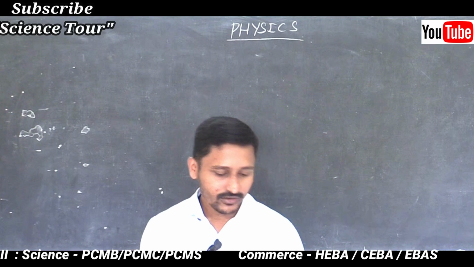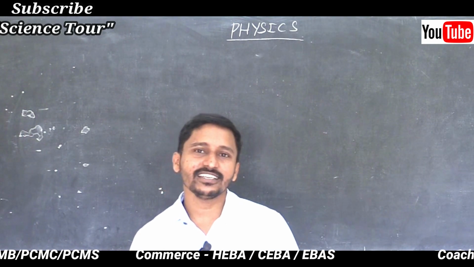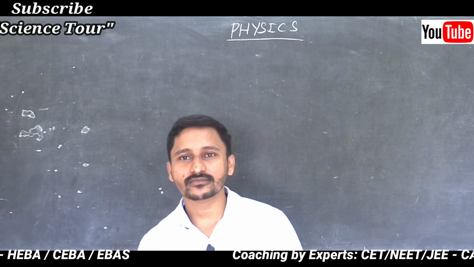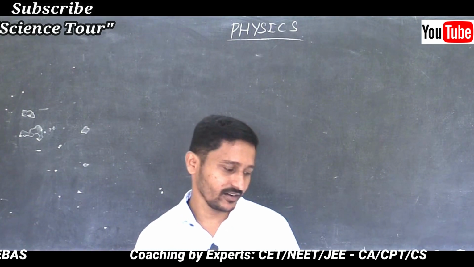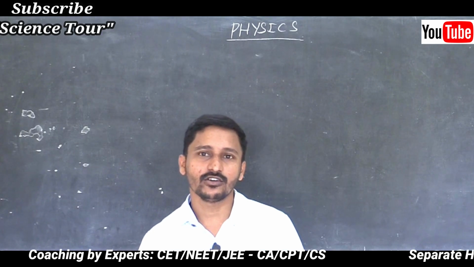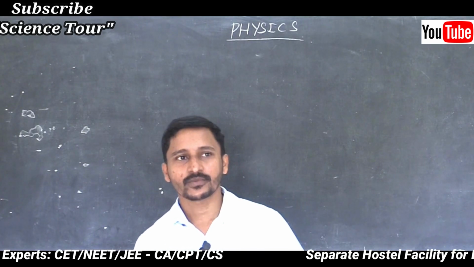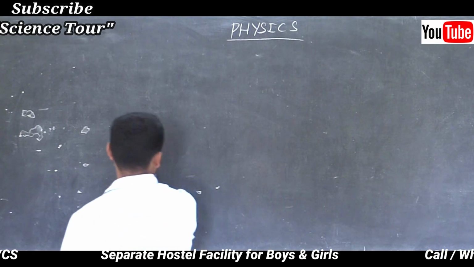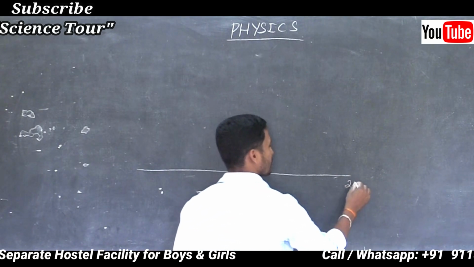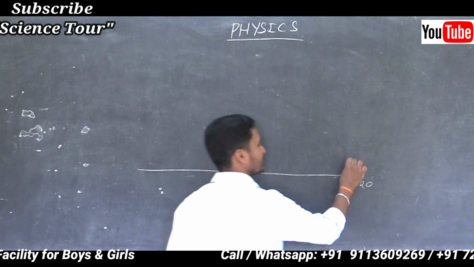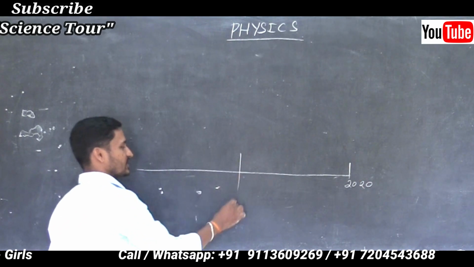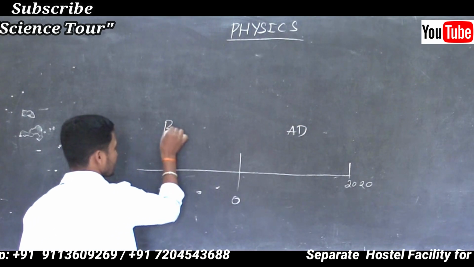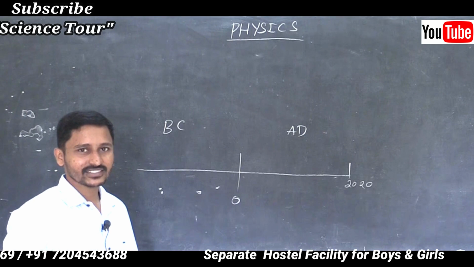So we were telling about physics, how it developed, what all things happened in history, and how scientists developed all those things. If I consider a time axis where we are today, we are in 2020. It was year 0, and we call this AD and this BC.